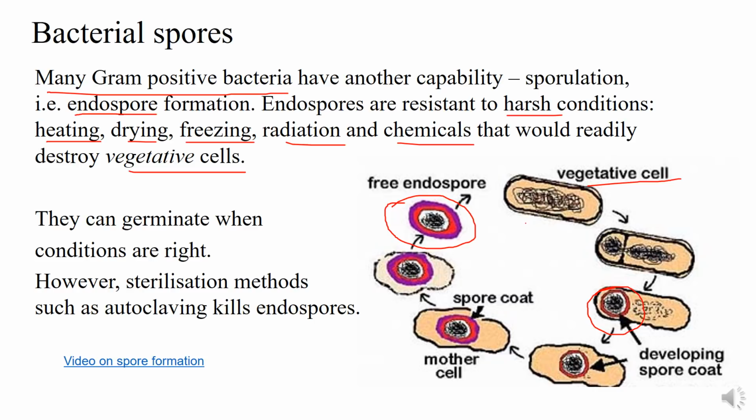These endospores, when they find that the environment is suitable for growth, when there is enough oxygen, enough water, the right pH, then they become vegetative cells again. So sterilization methods such as autoclaving can be used to kill these bacteria. But if you were to use just soap or boiling, it will not be able to get rid of the endospores.